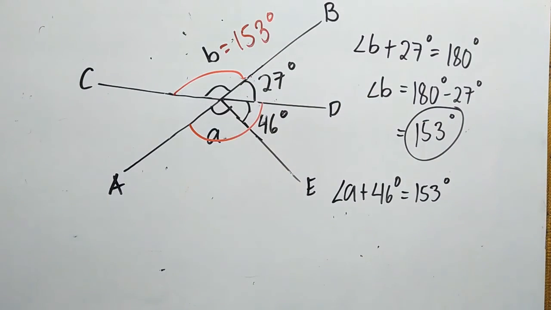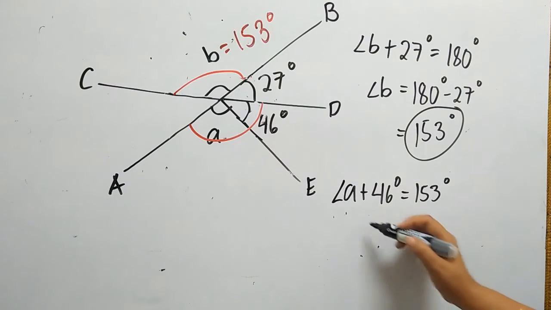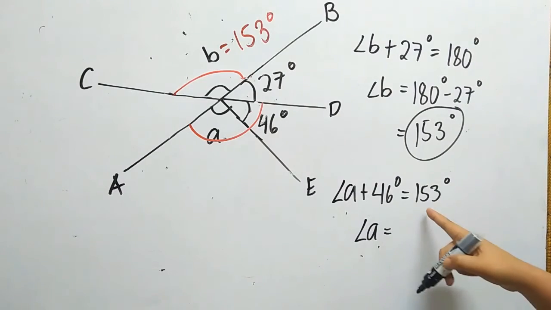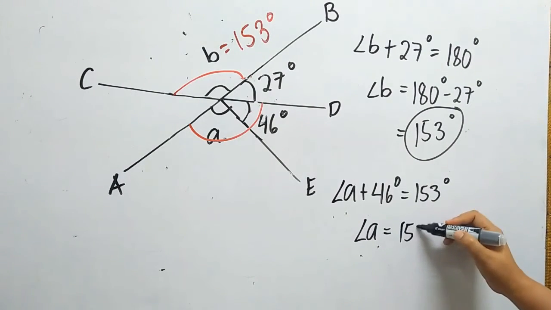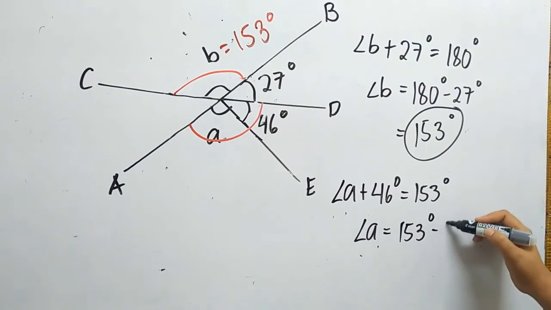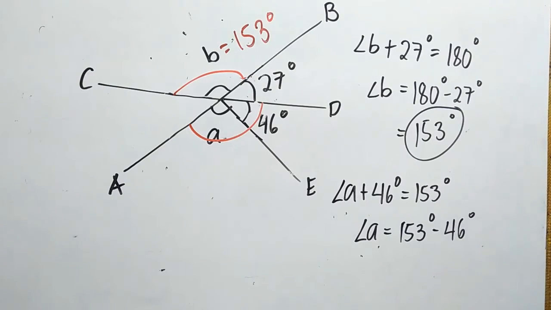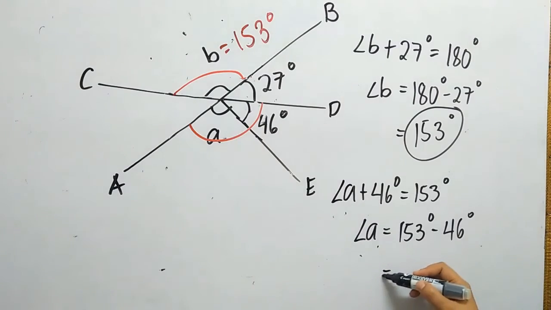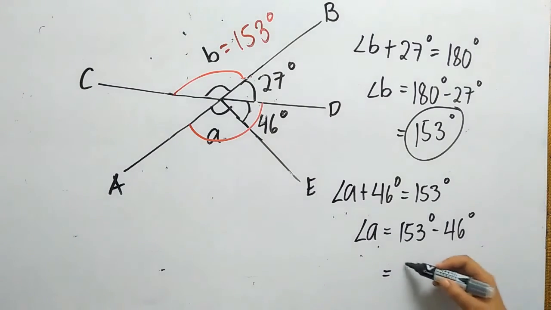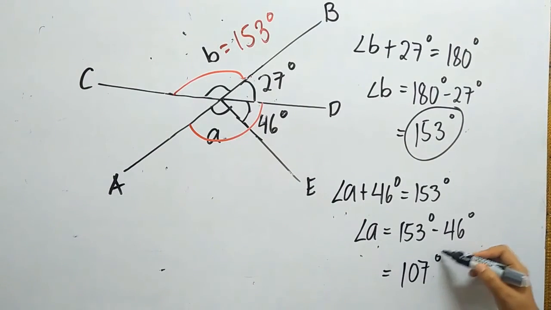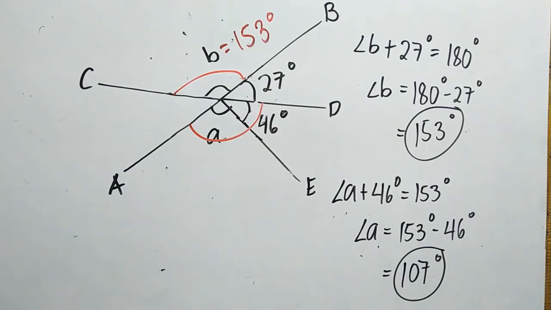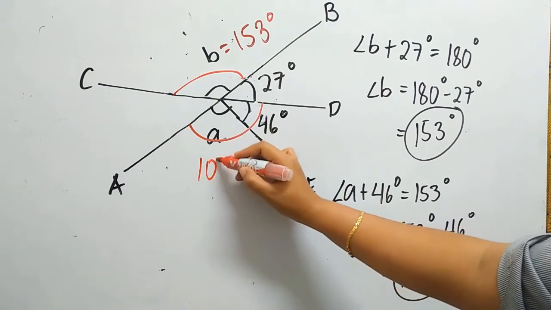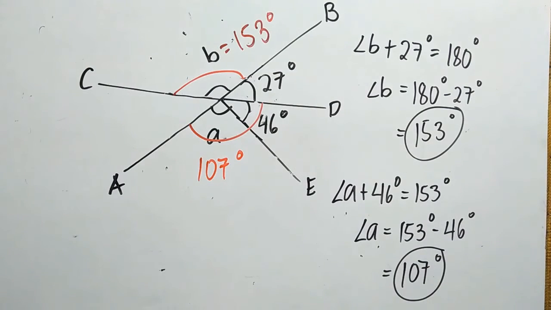Now how are we going to find angle A? Very good. We're going to subtract 153 and 46 degrees. So if we minus, angle A will be 107 degrees. So angle A here is 107 degrees.